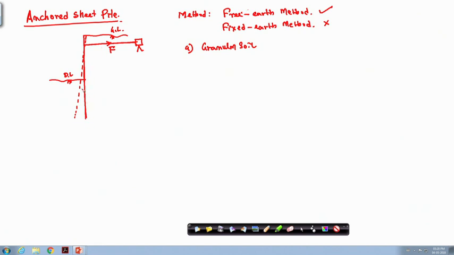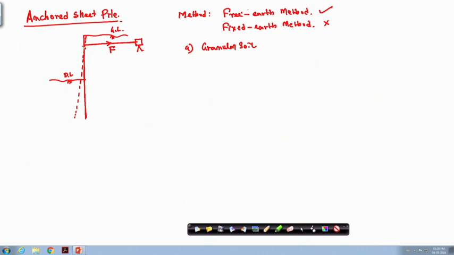So, suppose if the depth of the sheet pile is relatively less, then you can consider the free earth method, but if it is very high, then the lower portion will not rotate. So, that is the fixed condition, which we will not discuss here. I will discuss the free earth method where your base is rotating, and it is rotating about the anchor rod position.